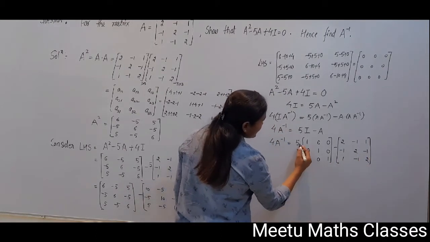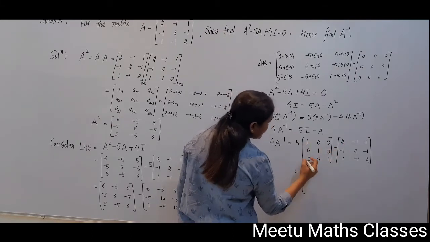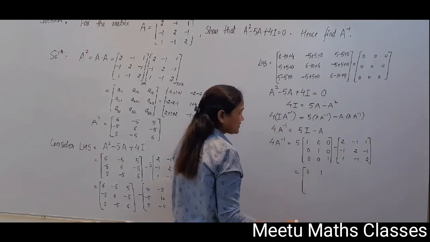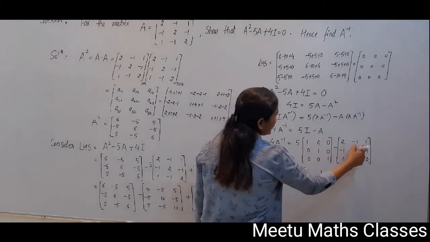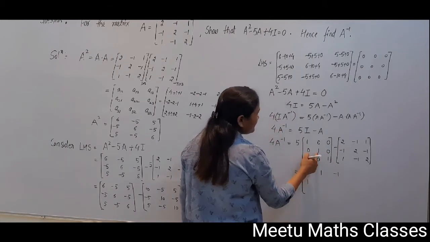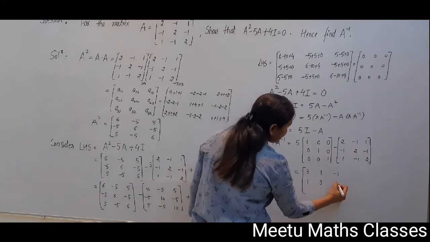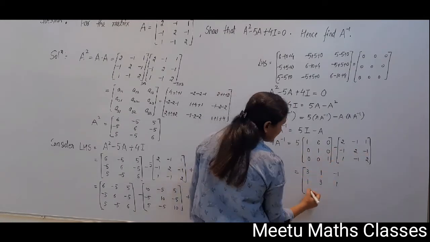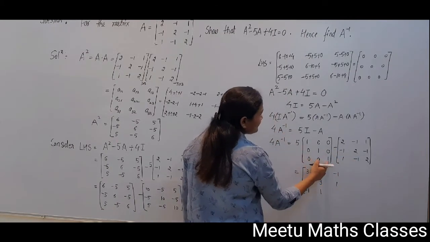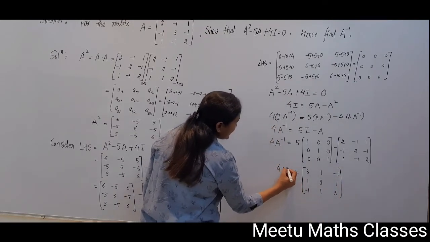So this will come out 5 minus 2, that is 3, then 0 minus minus plus 1, then 0 minus 1, then 0 plus 1, then 5 minus 2, then 0 minus minus 1, then 0 minus 1, then 0 minus minus plus 1, then 5 minus 2. So this is 4 times A inverse.